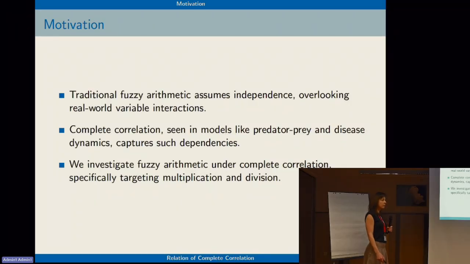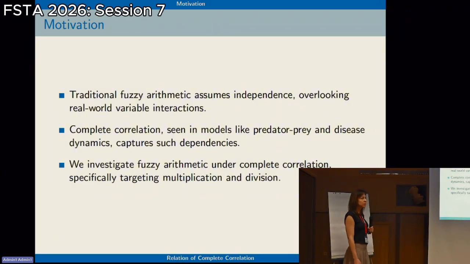But for example, traditional fuzzy arithmetic does not usually take these interactions into account. So we were interested in this field to explore how it is with some other operations and how they are connected with some interactivity relation between fuzzy numbers and intervals.